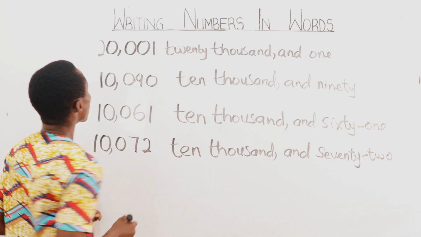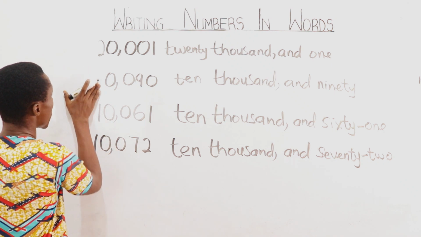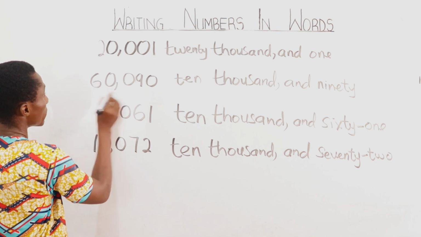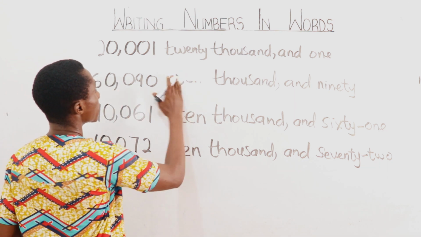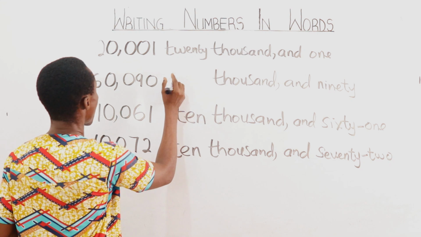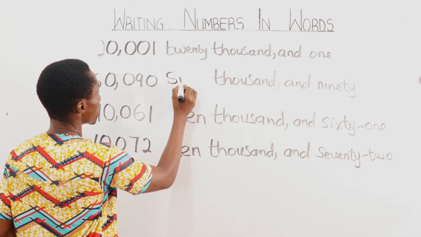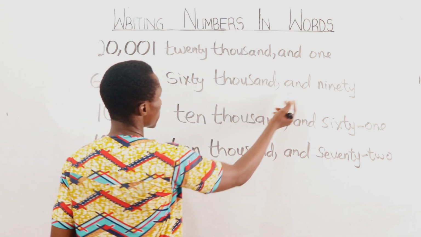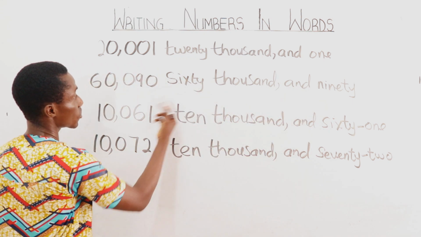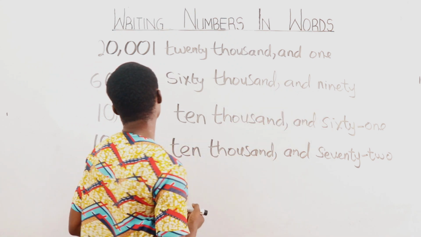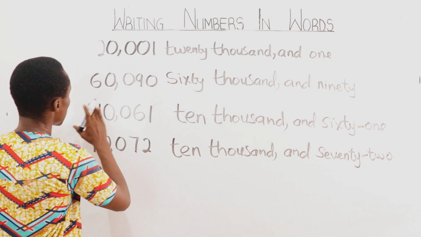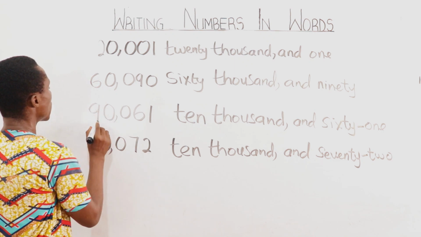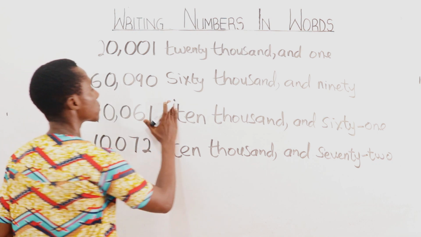Okay. All right. So let's say this one was rather 60,090. Then the 10 here would actually be 60,090. Let's say this is 90,000 and 61.